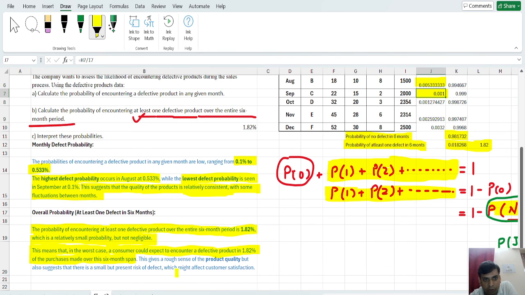This gives a rough sense of product quality, but also suggests there is a small but present risk of defect which might affect customer satisfaction. In case of this 1.82% defect, the customer may be dissatisfied. So this is the overall interpretation of these probabilities.